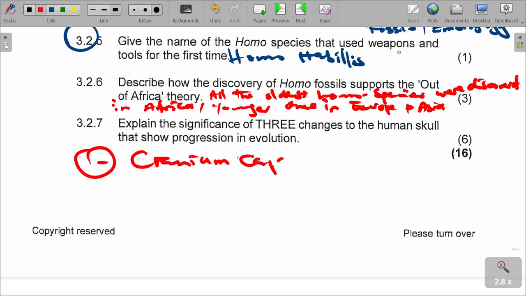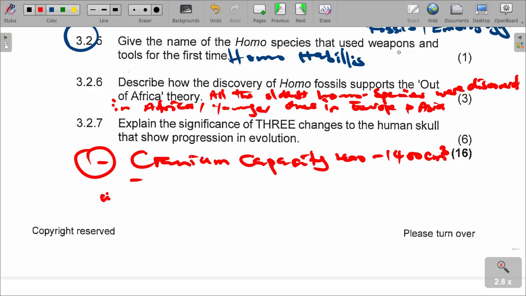Cranial capacity changed from 400 to 1,400 cubic centimeters, which actually promoted critical thinking.